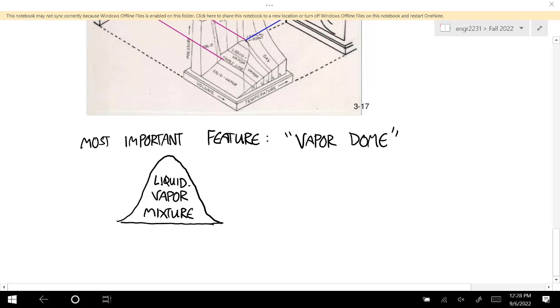So anywhere inside that dome for this substance is some mixture of vapor and liquid. If you're to the left of the dome, it's a liquid. If you're to the right of the dome, it's a vapor.